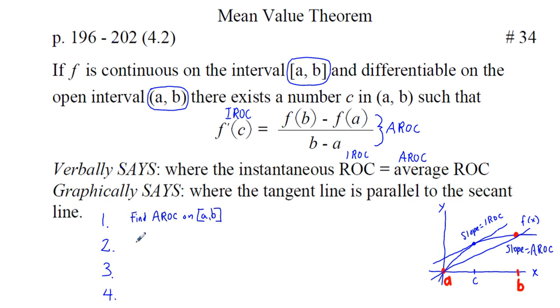Second, we're going to find f prime of x for the function. Okay, now this is assuming in advance that we do have continuity and differentiability. We assess that first before going through the four-step process.